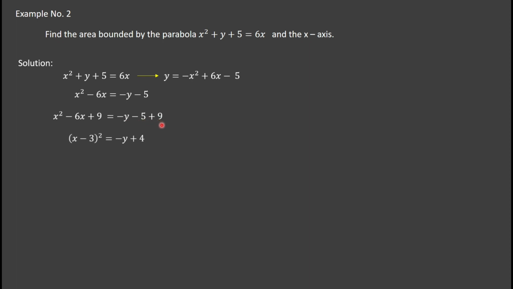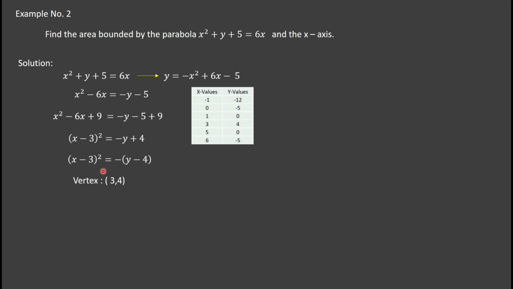Simplify: the quantity x minus 3 to the power 2 equals negative y plus 4, or the quantity x minus 3 to the power 2 equals negative the quantity y minus 4. So the vertex of the parabola is positive 3 and positive 4.